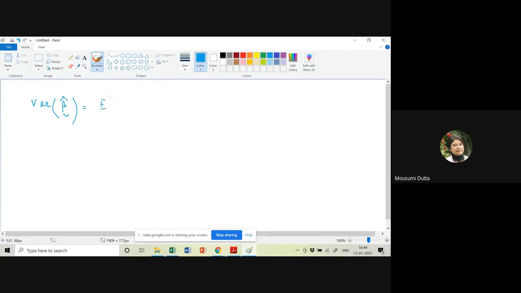So this is the expectation of this one. Now first try to understand the order, so that you will understand this is a matrix rather than a vector.